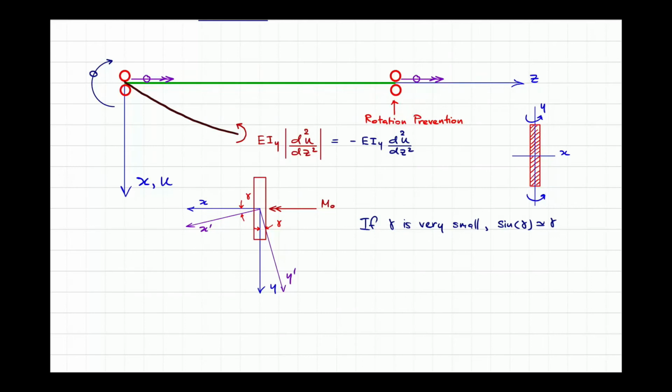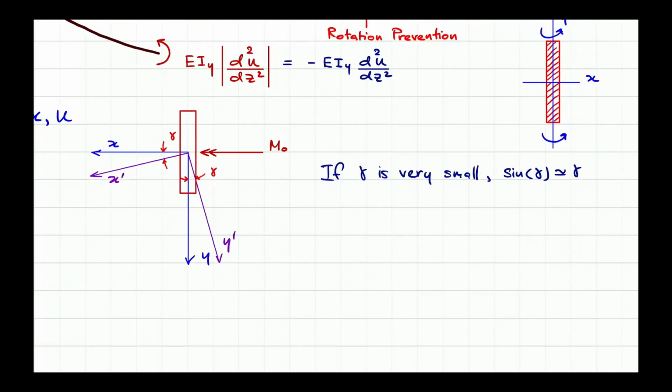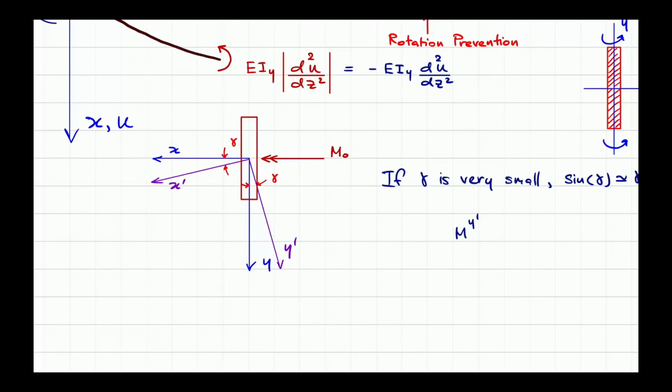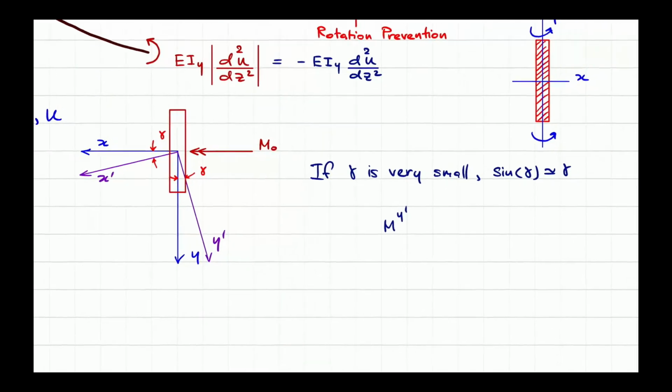So the M y prime, you're going to have the moment in this y prime and x prime direction, both directions. When you take the component into the x prime direction, it is about 1.0, so you have the M naught in there. But for the y prime direction, it is gamma times the M naught.